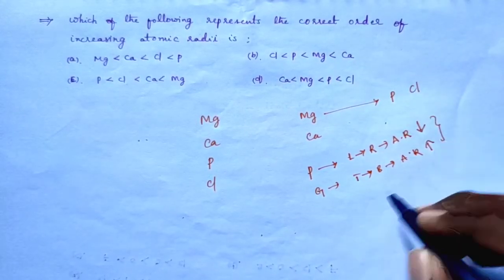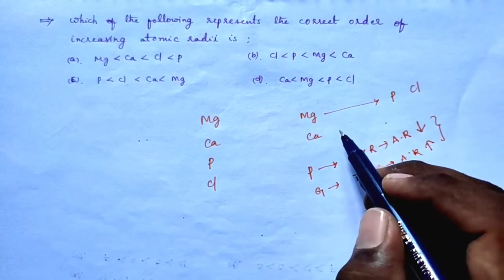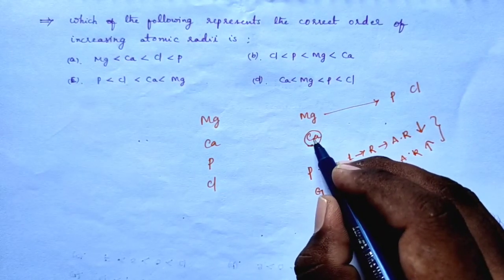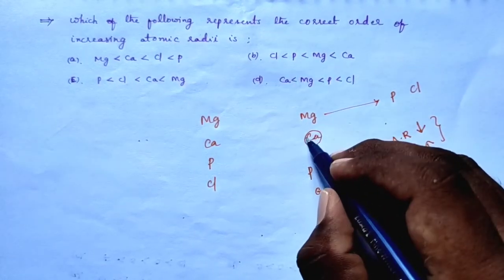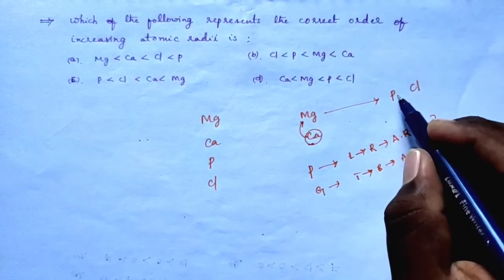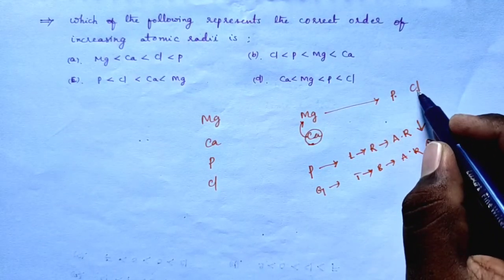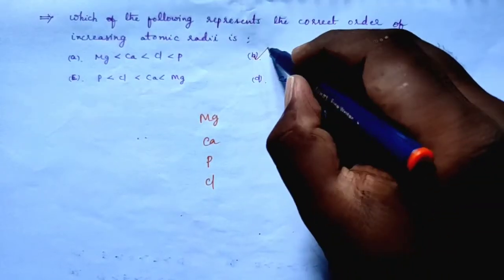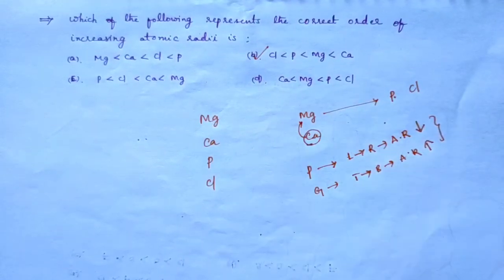So according to this trend, we can easily identify that calcium will have the largest atomic radius, followed by magnesium, followed by phosphorus, followed by chlorine. So which of the given options is correct? Option B is correct. Right, let us discuss one more.